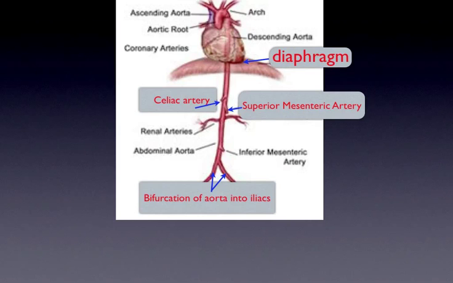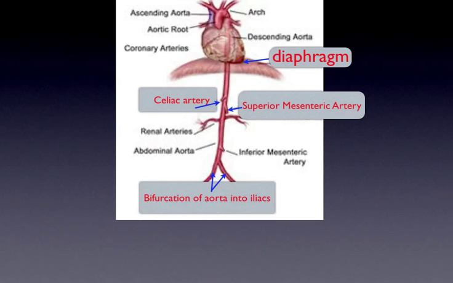Now, before we move to the pancreas, we have to review the structure of the aorta because we use some of the anatomical structures of the aorta to locate the pancreas. So as the aorta descends through the diaphragm, we can examine it in a transverse plane right below the xiphoid process. And that's the origin of the celiac artery.